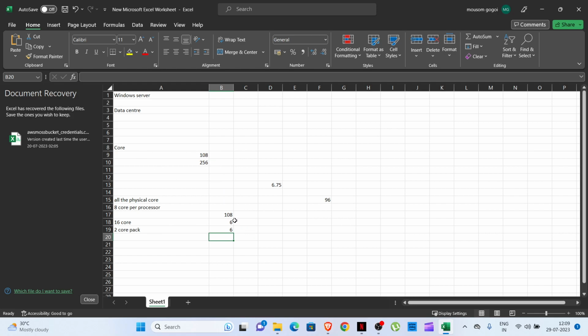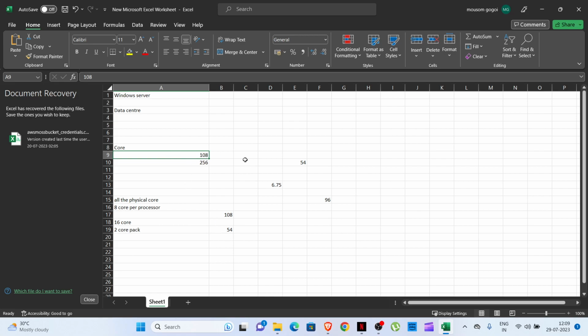Or what we can do is just divide 108 by 2, and that is 54. Just procure 54 packs of 2 cores. So now the entire physical server is licensed, right?